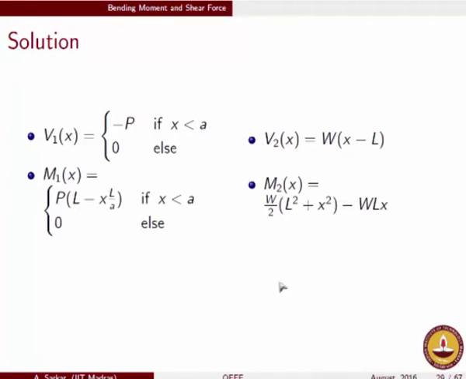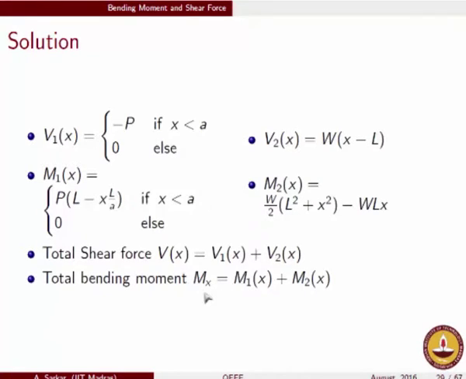So all that you have to do is that once you have got these M1 and M2 expressions out, you have to find M at any section x, which is the sum of these two, M1 and M2, and whatever expression you get, again plot it out using a computational software or things like Microsoft Excel, and when you plot it out, you should be able to see the full bending moment diagram. So that's the approach that I am asking.